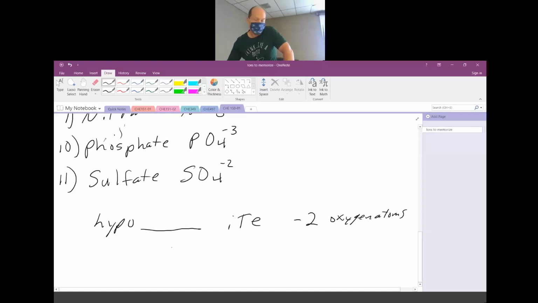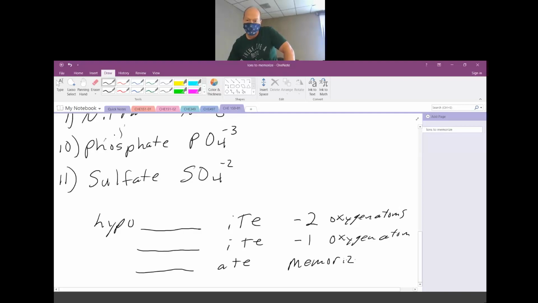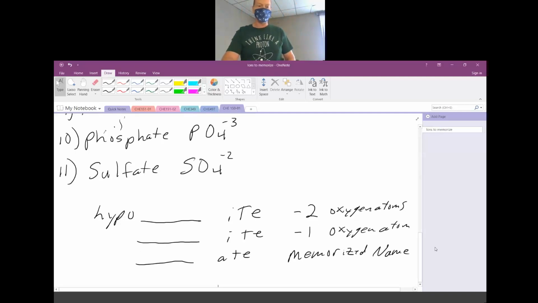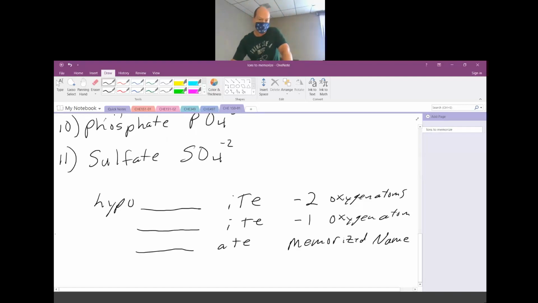And then you're going to have simply your base name ending in ITE, and that is minus 1 oxygen atom. And then you're going to have your ATE, and this is your memorized name. So any of the names up above that end in ATE, your sulfate, phosphate, nitrate, you go up, bromate. So that is your memorized name here in this chart that I'm making.